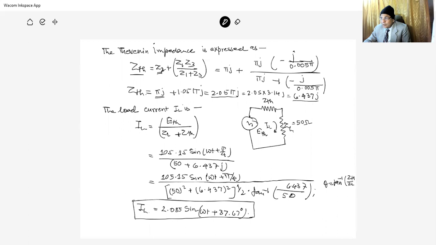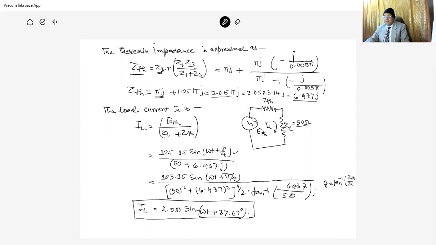Now the load current: this one is the impedance and the voltage is ETH. So the IL load current, with a load of 50 ohm, is 105.15 sine omega t plus pi by 4, the Thevenin's voltage, divided by 50 plus 6.437 j.